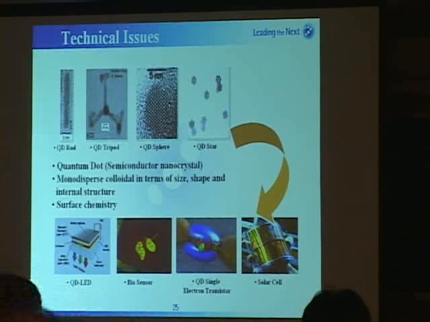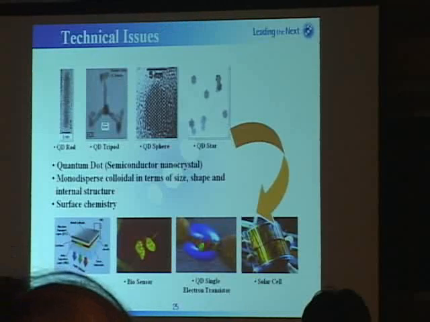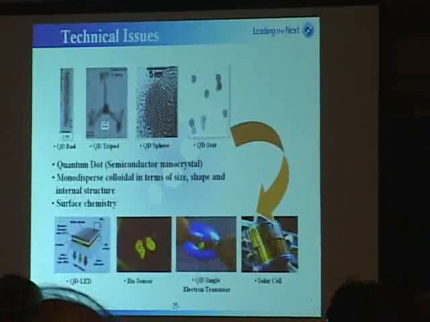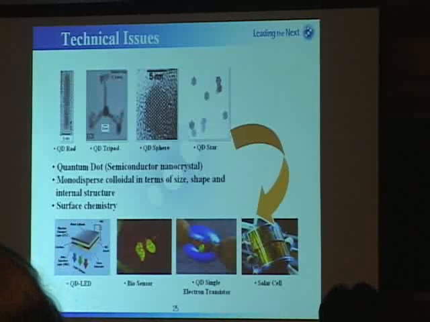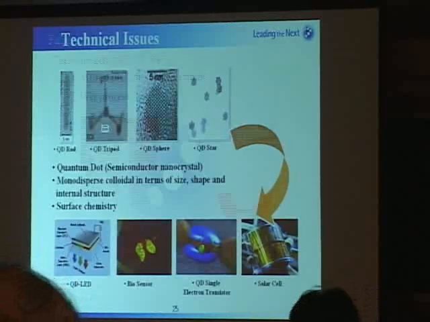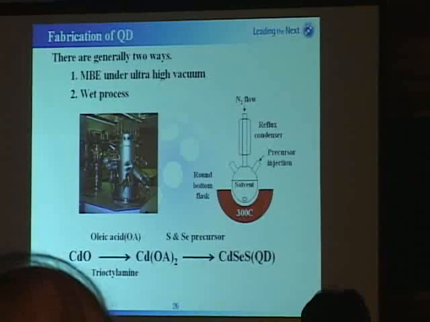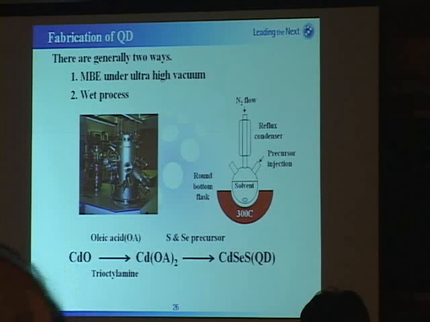Quantum dots should be monodisperse colloids in terms of size, shape, and internal structures. To solve this technical issue, surface chemistry is key, very important. To fabricate the quantum dot, there are generally two ways: molecular beam epitaxy and ultra-high vacuum.